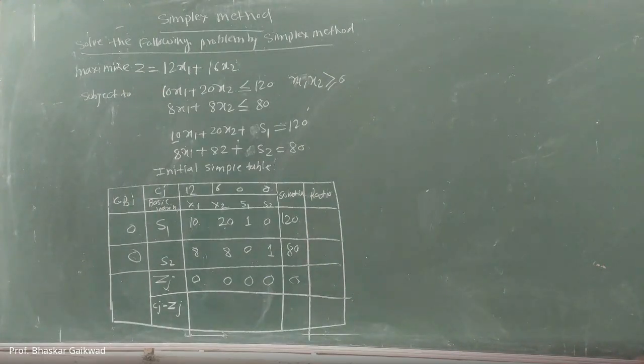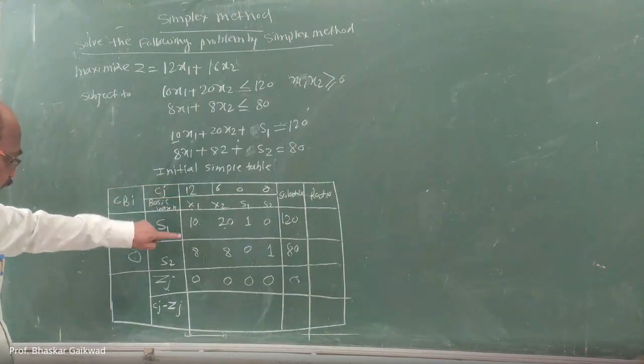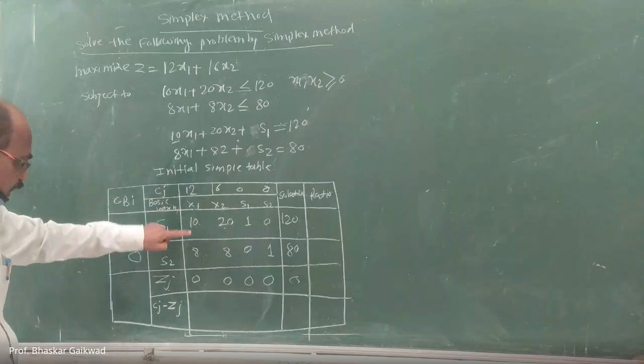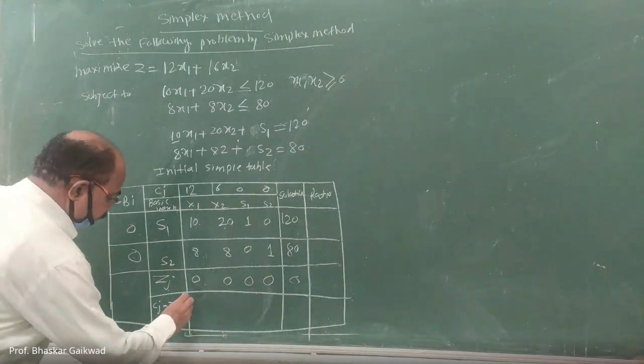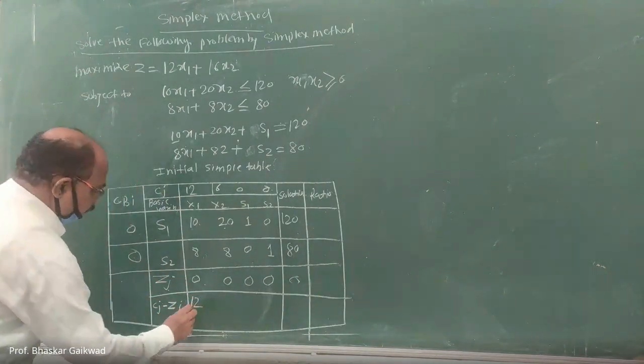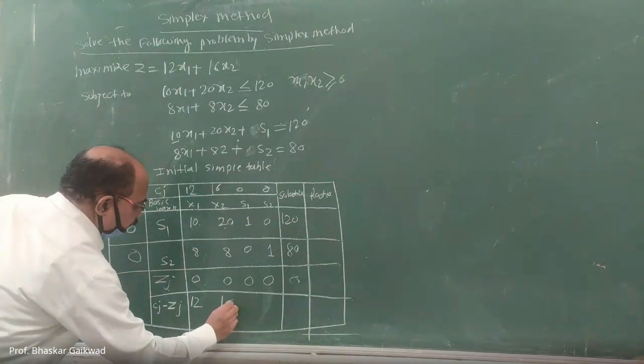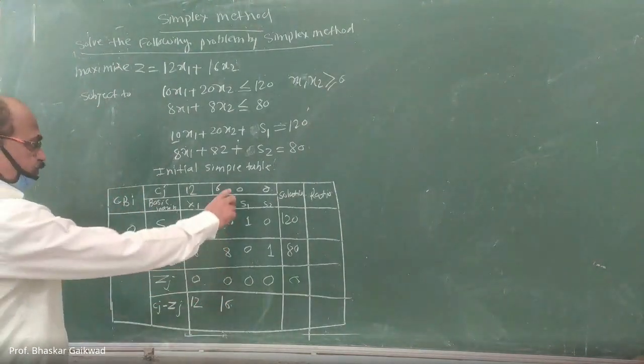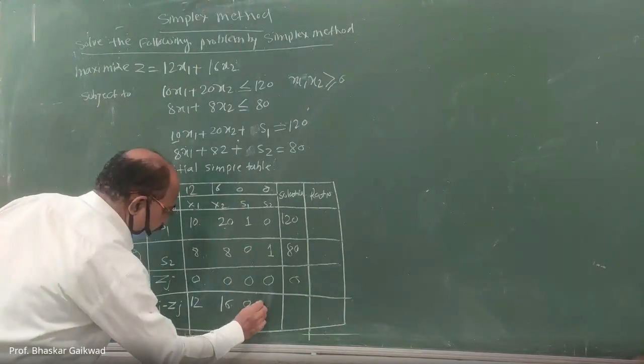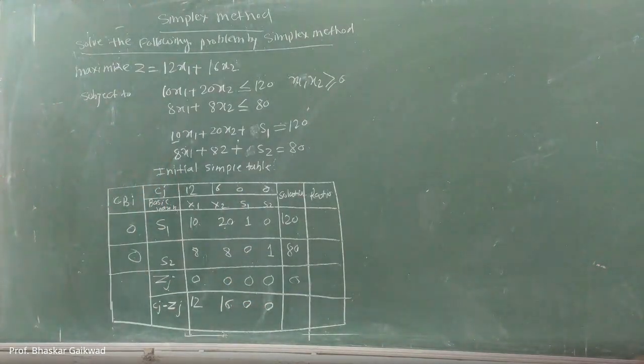Here Cj is 12 and Zj is 0, so 12 minus 0 is 12. Similarly, 16 minus 0 is 16. Correct. 0 minus 0 is 0, and 0.